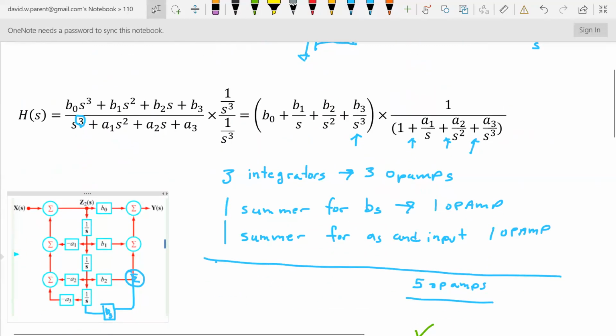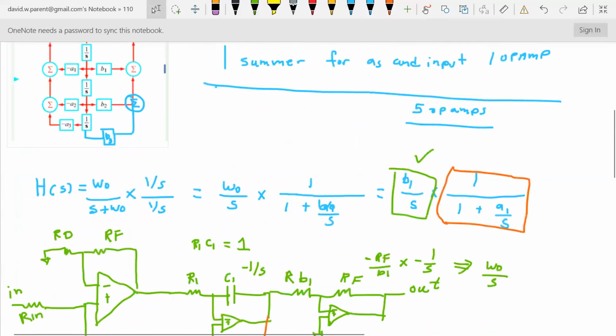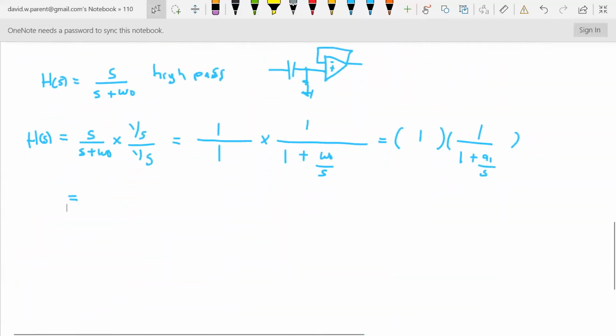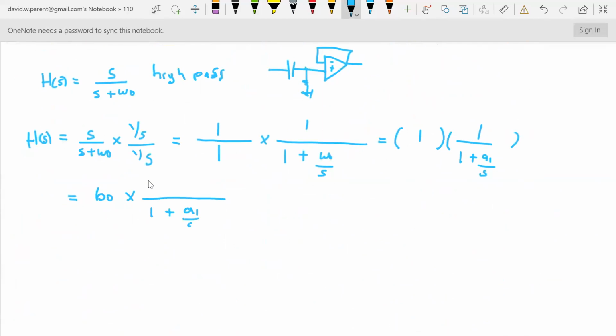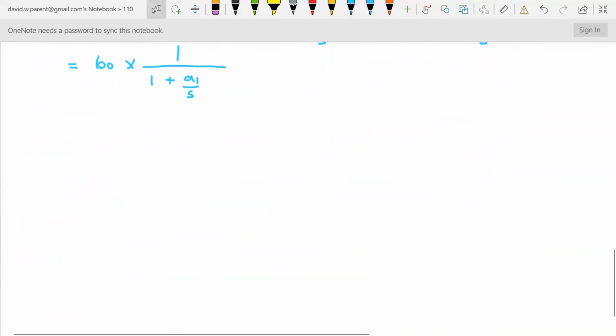The signal comes in through the summer and then gets modified, and it comes right out. So that's just B naught divided by no integrator, right? 1 plus A1 over S.